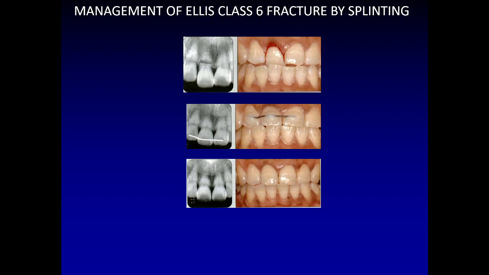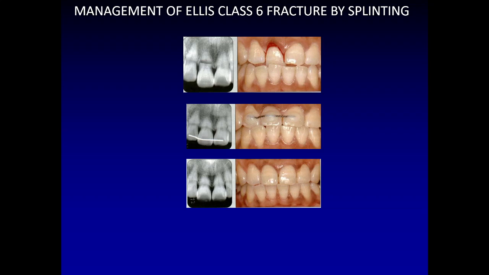Now, listen, root fracture will take a semi-rigid splint or a rigid splint, not a flexible splint. And it will always be around 4 weeks, depending on where the fracture is, and it can go up to 4 months.